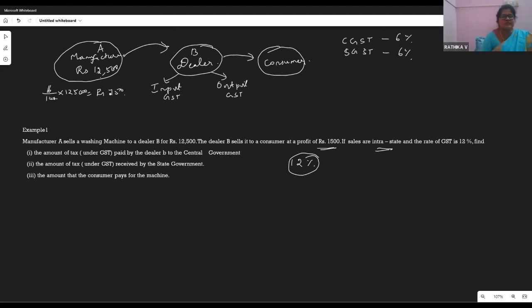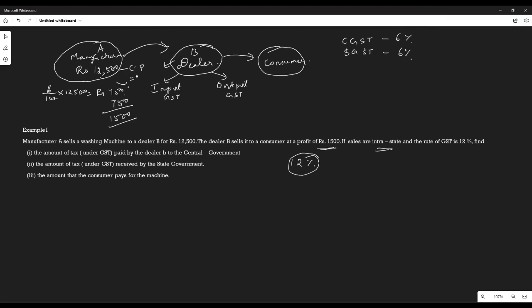And now this 750 he will be paying to the CGST, the central government, and another 750 to the state government. So totally 1,500 rupees along with the 12,500. So the cost price of the dealer is now 14,000: 12,500 plus this GST 1,500.